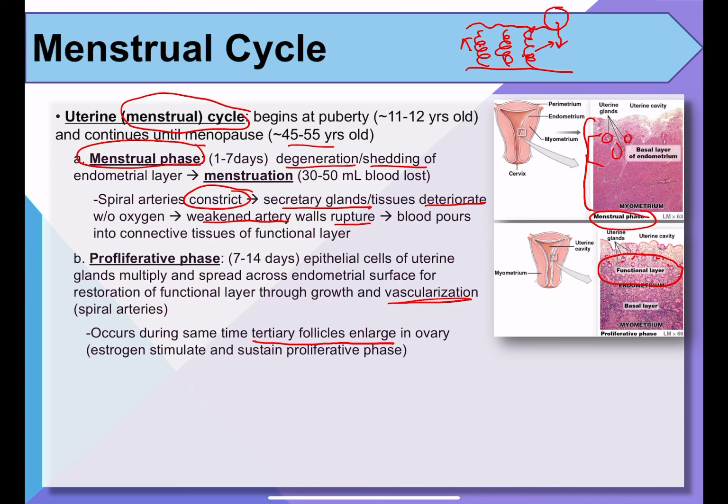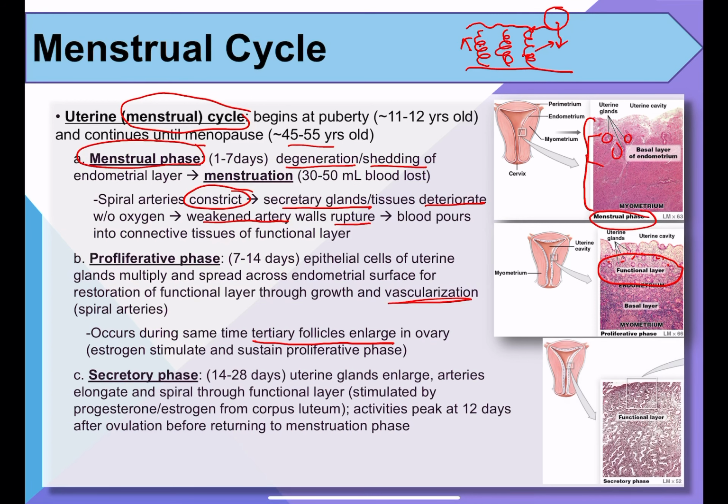So that is why that phase is correlated with the proliferative phase, to make sure that the endometrium is well prepared just in case the egg that's going to be ovulated soon will be fertilized. Now, the estrogen will actually stimulate and sustain the proliferative phase to get that endometrium as thick as possible. Then you hit the last phase, which is day 14 through 28, called the secretory phase.